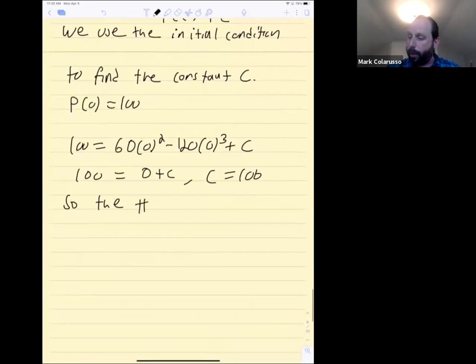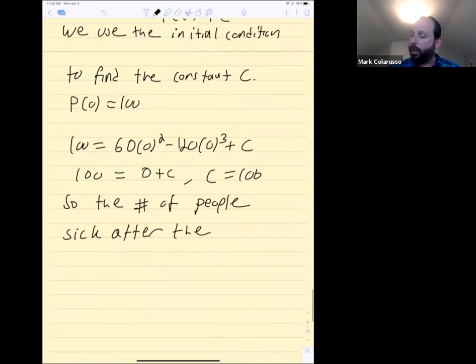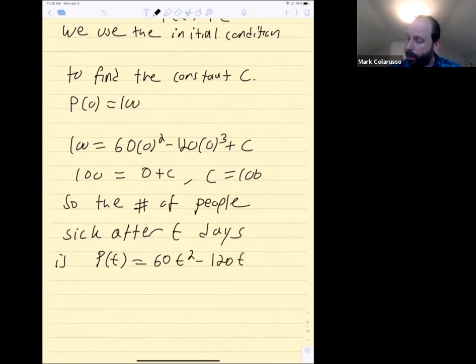So the number of people sick after t days is p of t equals 60t squared minus 120t cubed plus 100.